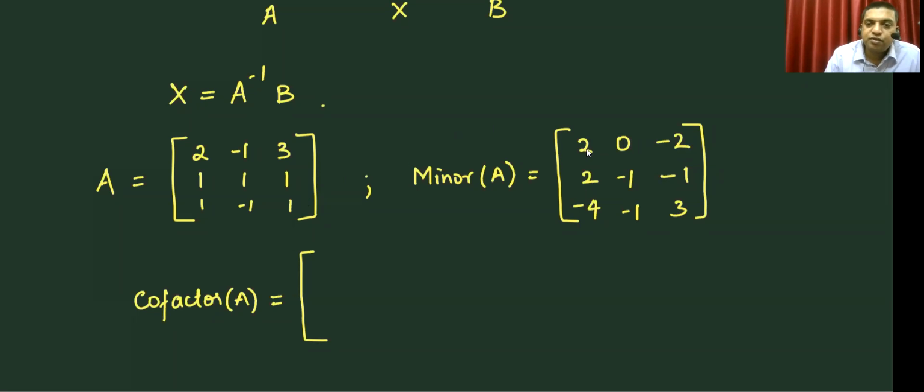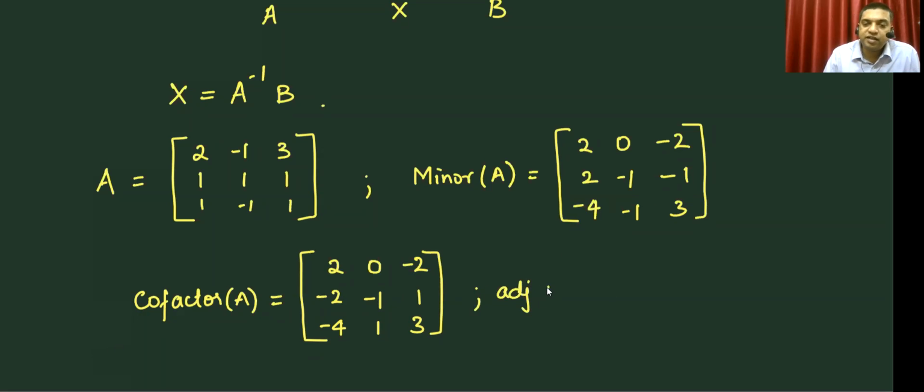So 2 and minus 2 will be multiplied with plus sign, so it remains the same. The middle term with the minus sign, but because it is multiplied by 0, it is 0. Then this gets multiplied by minus 1. Middle term with plus 1. The last term with minus 1. Then this is plus, this is minus of minus 1 plus 3. This is the cofactor.